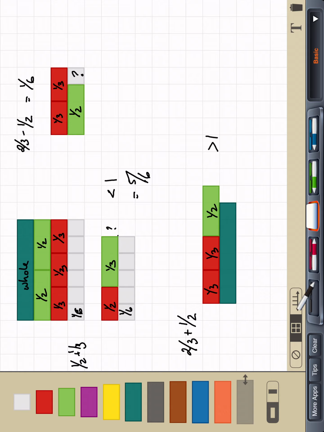Interesting. This is 1. Well, how much more than 1 is it? It's one of those singles more than 1. And that's a 1/6. So the solution will be 1 and 1/6. Or how many sixths? Well, there's 6 sixths in 1, because it takes 6 of them to fill the whole. So it's 7/6.